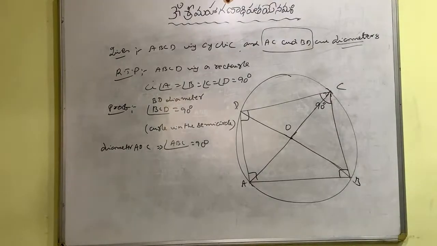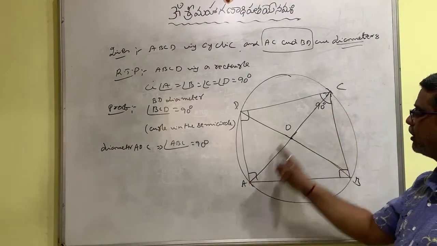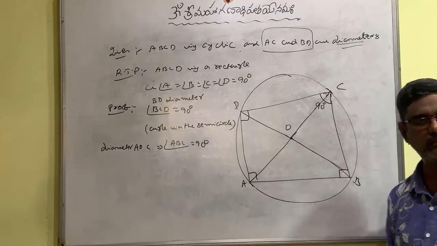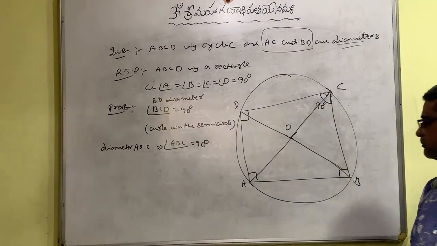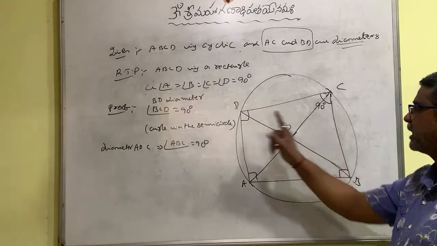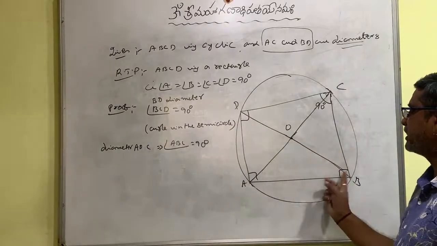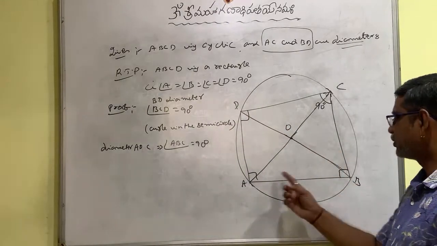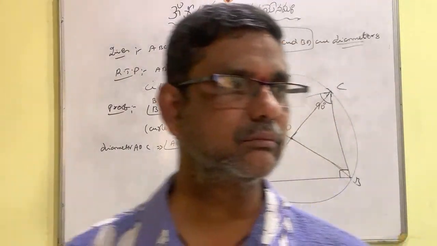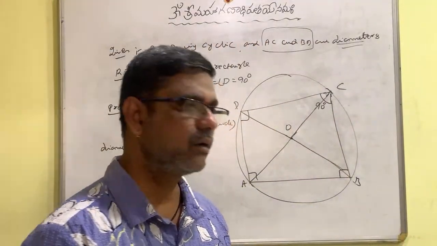And AC is the diameter, angle ABC in the semicircle is 90, and the opposite angle is also 90 because the sum of these two angles must be 180 since it is a cyclic quadrilateral. Okay na?